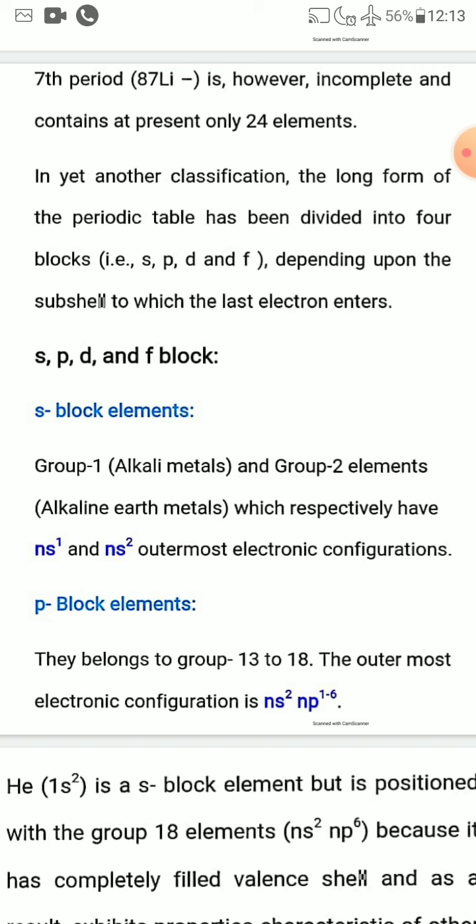So ns1 and ns2 are the outermost electronic configuration of group 1 and group 2 elements.